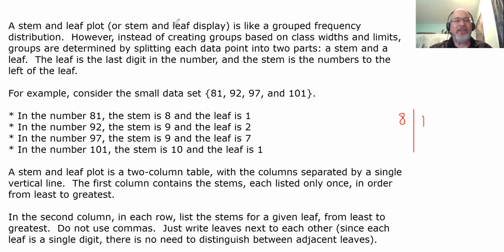Now notice that both 92 and 97 have the same stem, but you only list stems once. To indicate 92 and 97, you would simply write the leaves 2 and 7 in the row whose stem is a 9. And for 101, its stem is 10, its leaf is 1, and that's really all there is to it. We're going to take a look at a couple of quick examples.